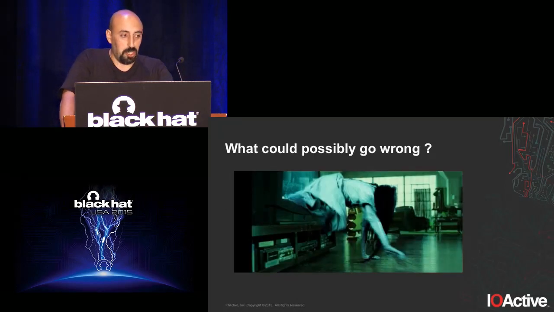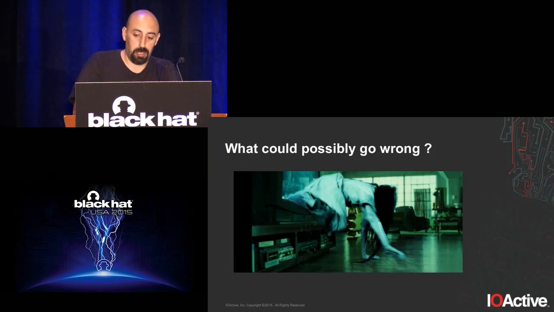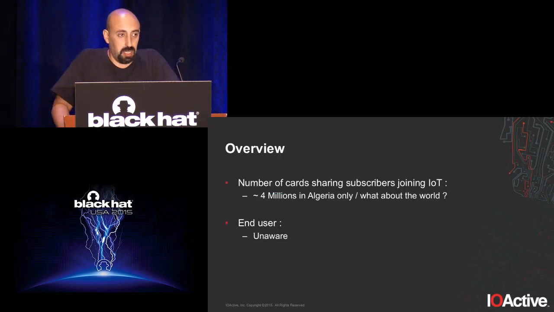Okay, so here come the wrong things. We have the user who is unaware of what's happening in his set-top box. He's just installing anything. We don't know where this stuff is coming from, and something will go wrong. I've been talking with some people that work on this card sharing stuff, and they have an estimation of 4 million devices connected on card sharing in my country only.